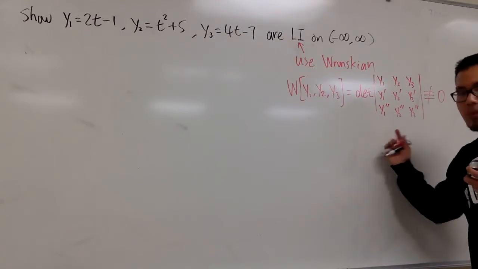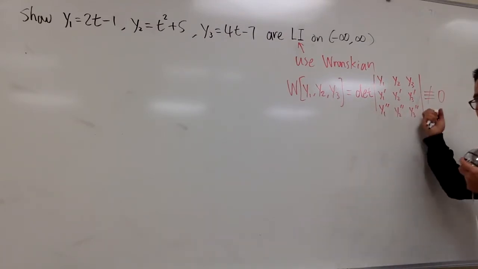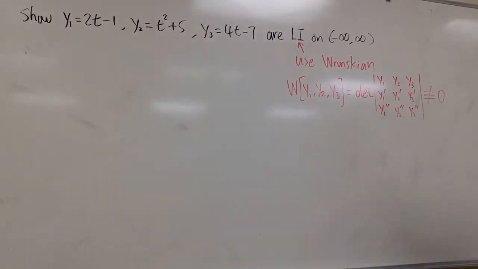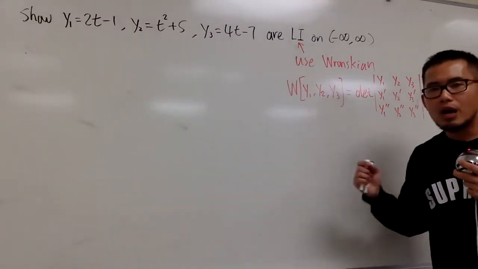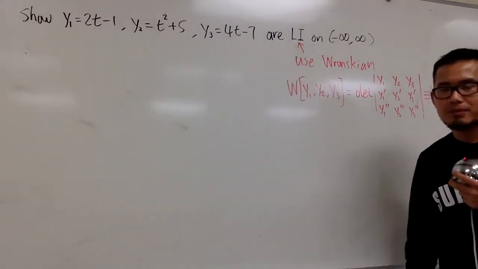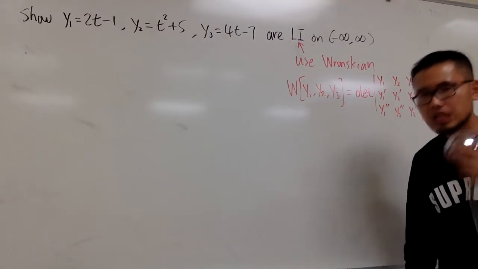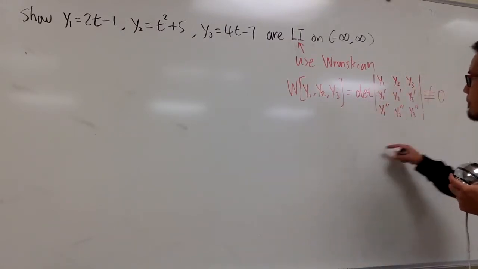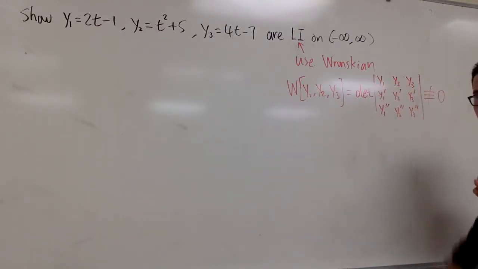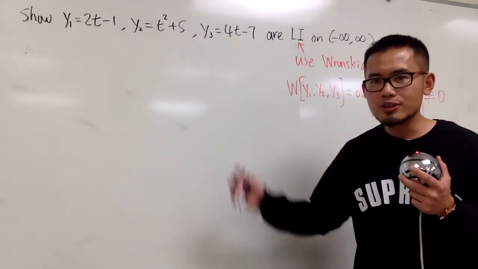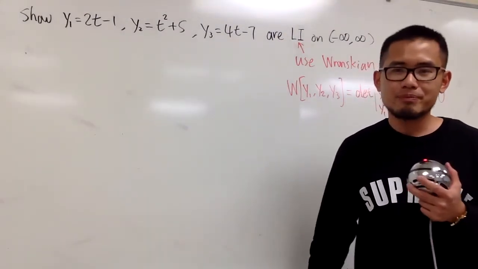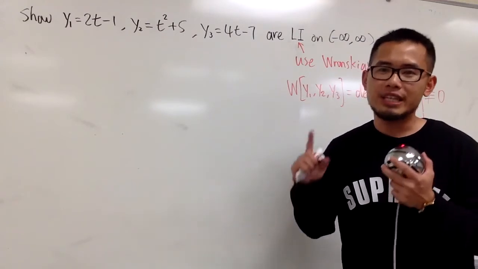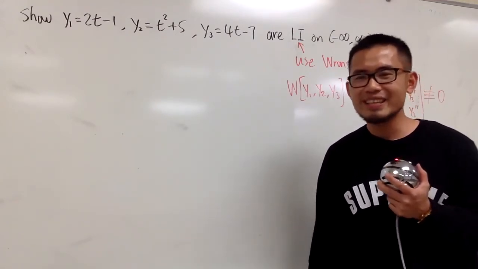If you can show this, you can say that the functions are linearly independent. However, if you do end up with the determinant being 0, you cannot say the functions are linearly dependent. Most likely they are, but you cannot use that as an argument.